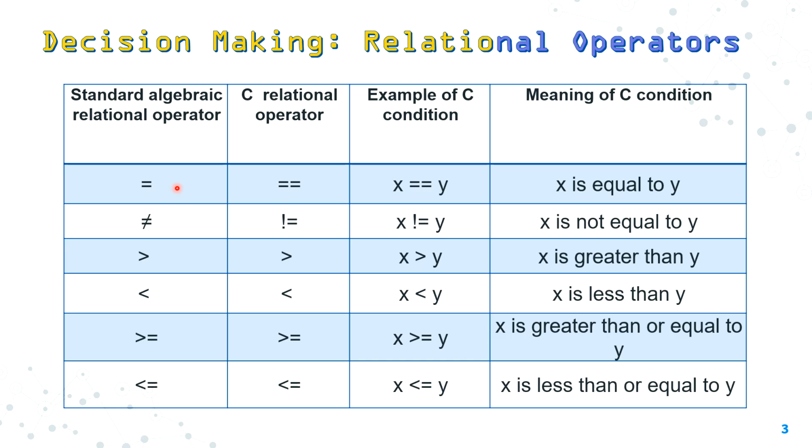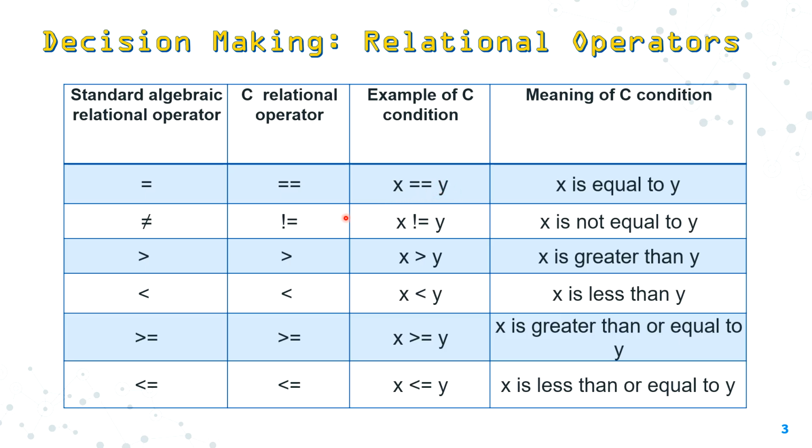So if you want to compare two variables to see if they are equal, you must use two equal signs side by side like this. So x, two equal signs, y asks the question, is x equal to y?